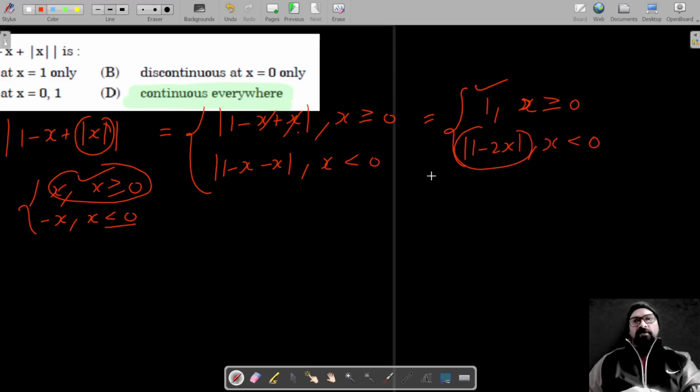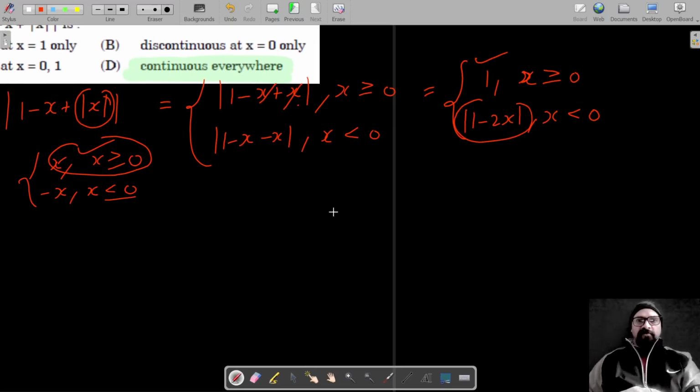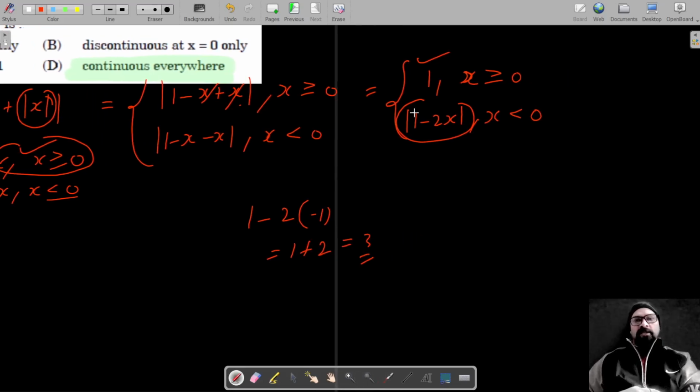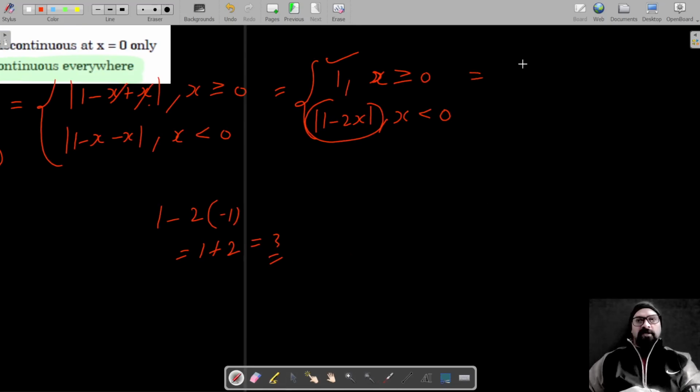Okay, let's check this. Now here x is less than 0, that means the value of x will be negative. So if we take any negative value, it will give us the positive value, so we can write that this is positive. So our function gets broken into two parts.